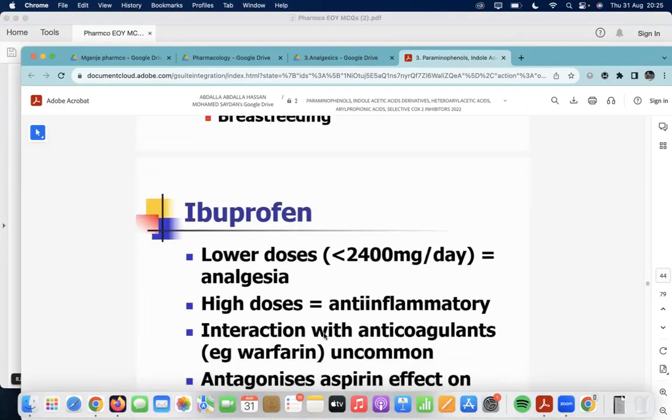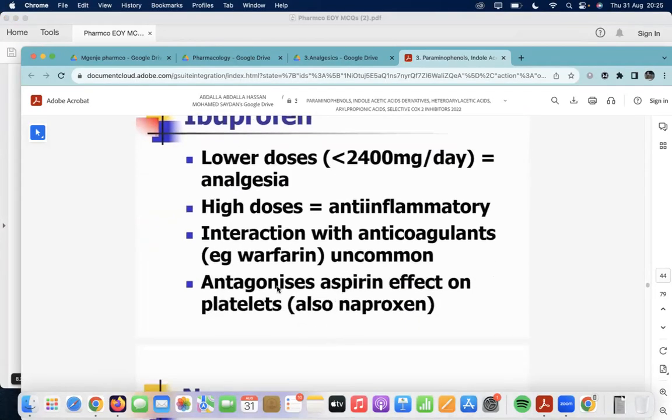Okay, let me just check if ibuprofen actually prolongs bleeding time.